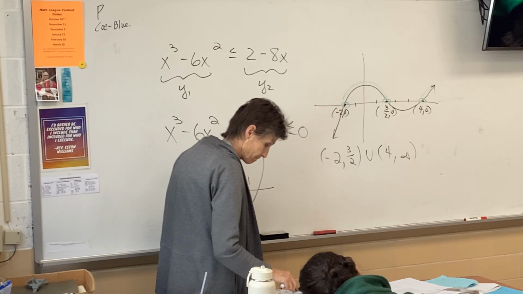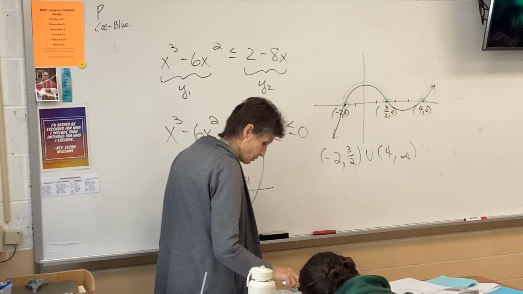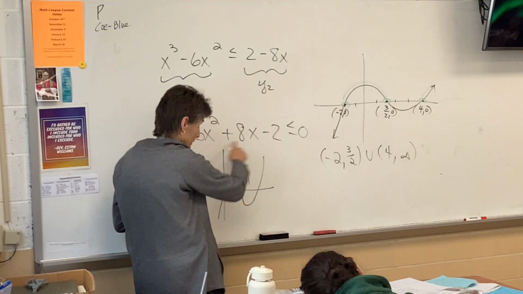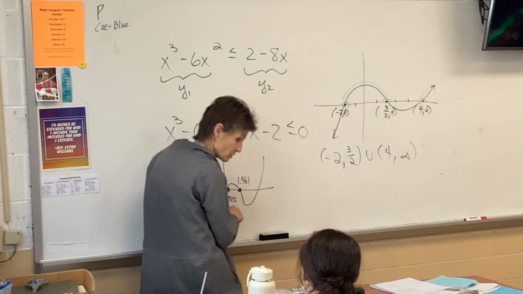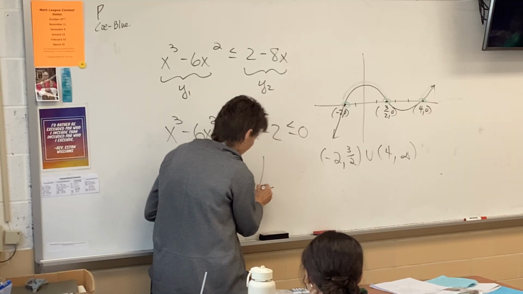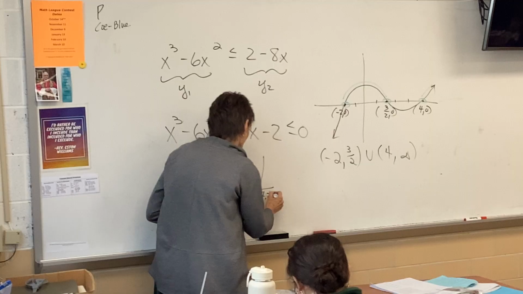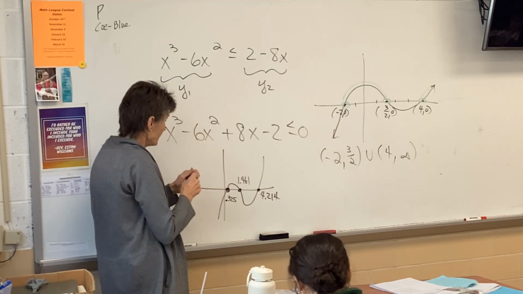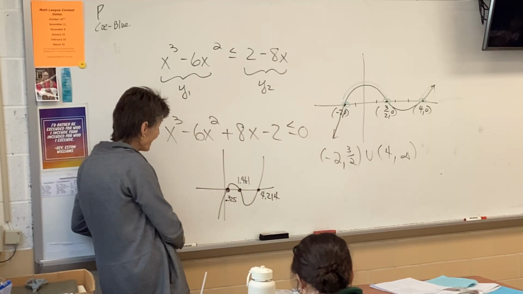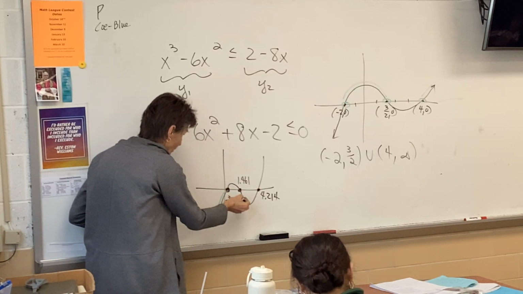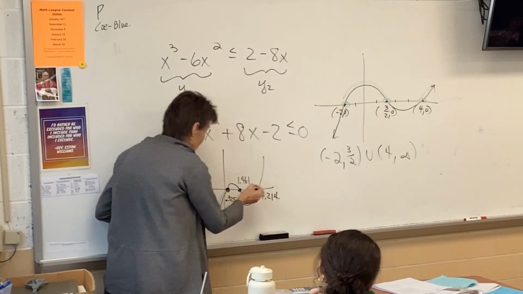I chose the second option. I put this in my calculator and got this picture, and then I'm finding my zeros. And now I want to know where I'm less than 0. So that would be this part and this part.